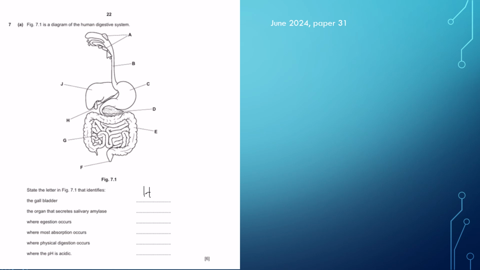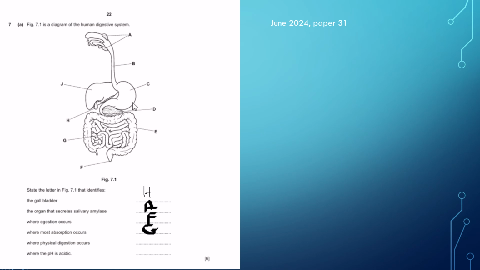And then amylase. Well, amylase is up here in the top of our system. So we find the amylase here. Egestion is when the stuff leaves the body. So that will be here at F. Most absorption will be here in the intestine, G.